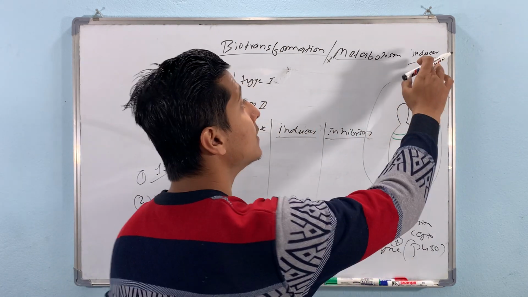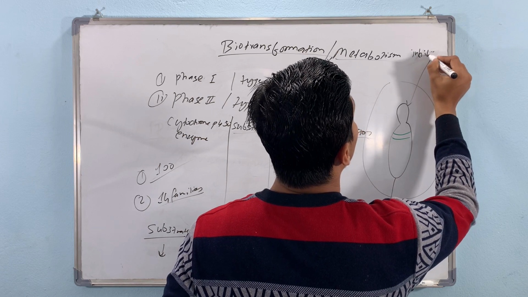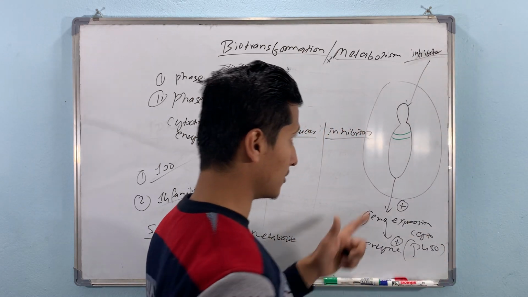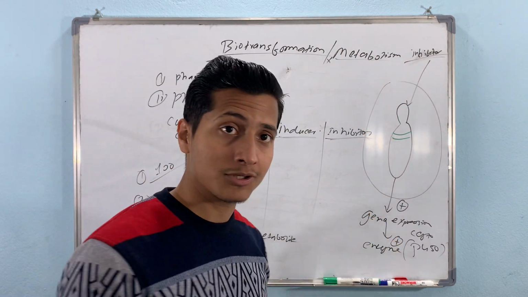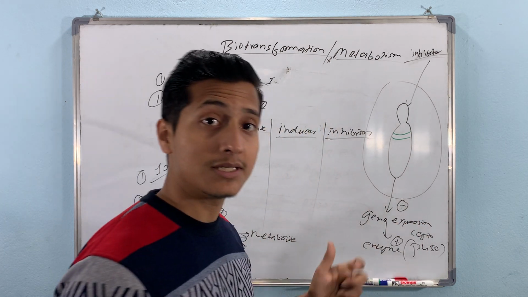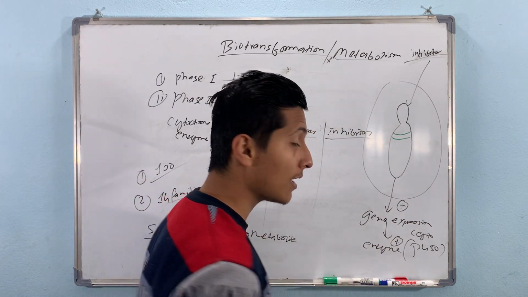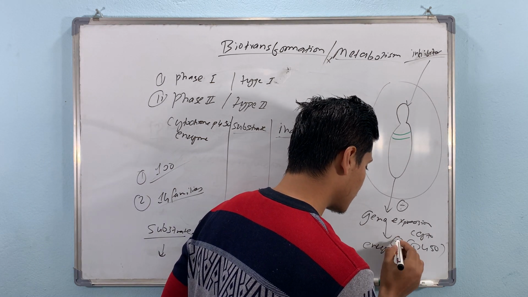Now, in place of the inducer, what if this is an inhibitor? What the inhibitor does is just the opposite of the inducer. The inhibitor inhibits the gene expression. When the gene expression is inhibited, the production of the enzyme is decreased.